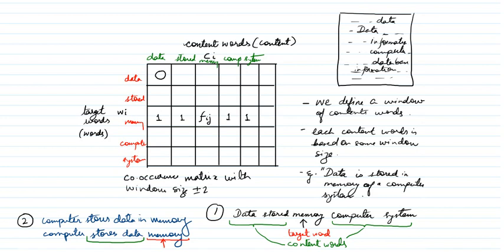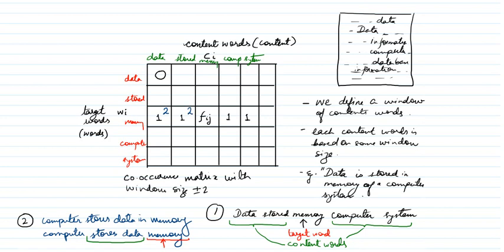So what will be the values of this co-occurrence matrix? I will go to the target word memory and see how many times it is in context of data. In sentence 1 and sentence 2, it is 2 times, right? With stored again it is 2 times.